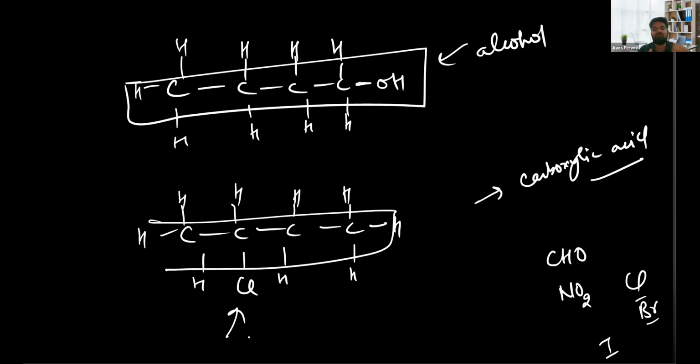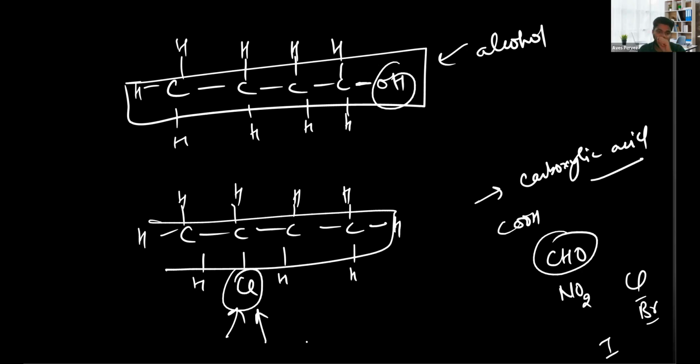Let me explain one more time. An atom or a group of atoms like OH, CHO, COOH, or an atom like chlorine, bromine, iodine, is attached to a hydrocarbon chain. Because of that attachment, the whole chain's physical and chemical properties change, and it starts showing the property of the group or atom attached to it.